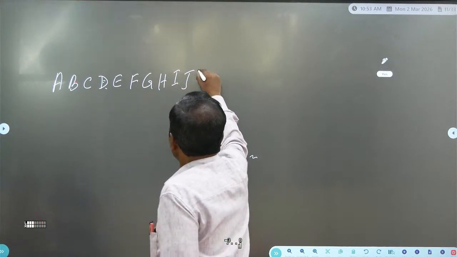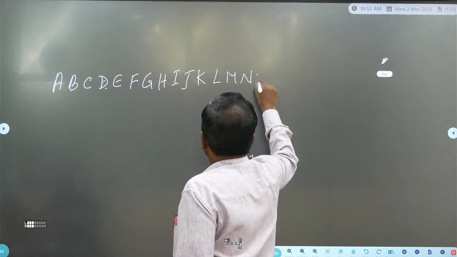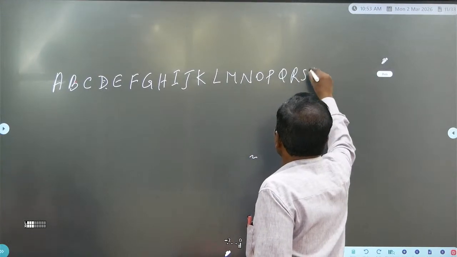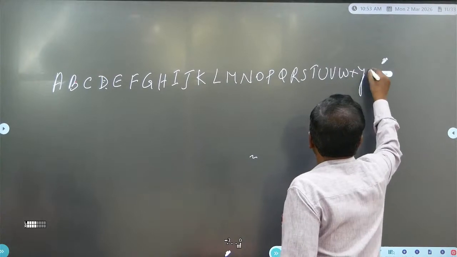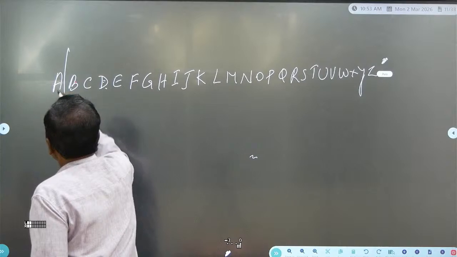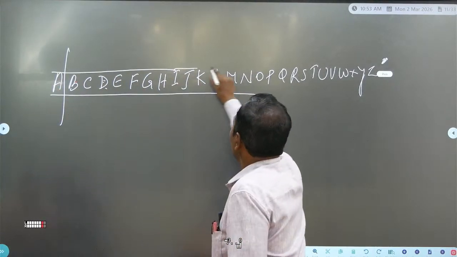A to Z, up to P, Q, R, S, T, U, V, W, X, Y, Z. Right. Give the numbers, forward order and backward order.